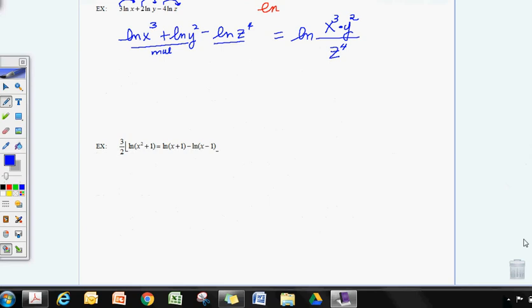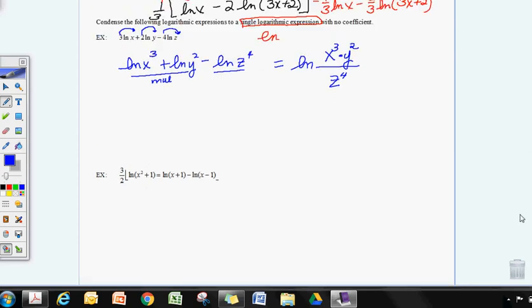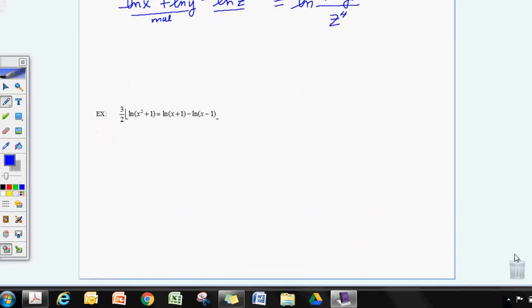Okay, last example. It is asking us to condense this. Now, on my sheet, I don't know if it didn't show up on your sheet too, there was a bracket around that last part. So basically, that means this 3/2 is going to be raised to everything, because notice it's in brackets. Also, I do see a typo.